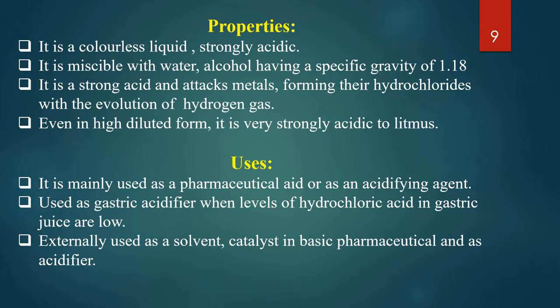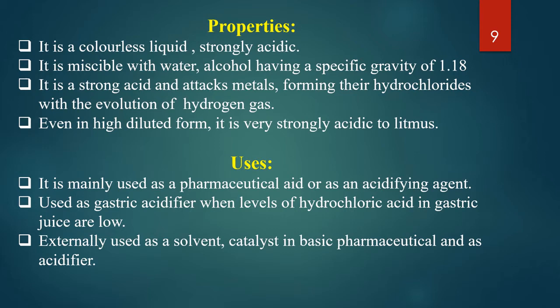Properties: it occurs as a colorless liquid and it is strongly acidic in nature. It is miscible with water and alcohol, having a specific gravity of 1.18. It is a strong acid and attacks metals, forming their chlorides with the evolution of hydrogen gas. Even in highly diluted form, it is strongly acidic to litmus.